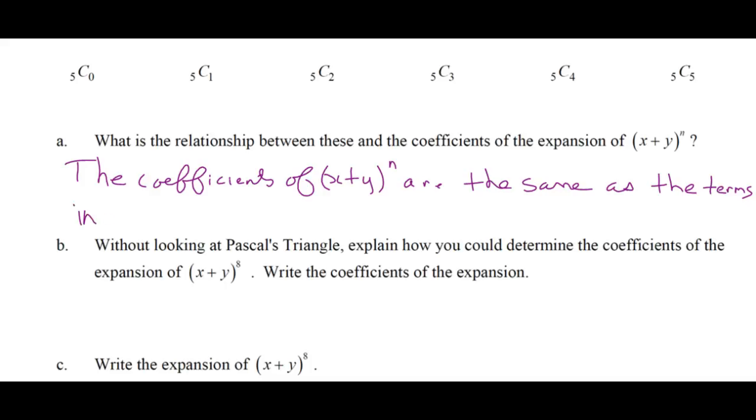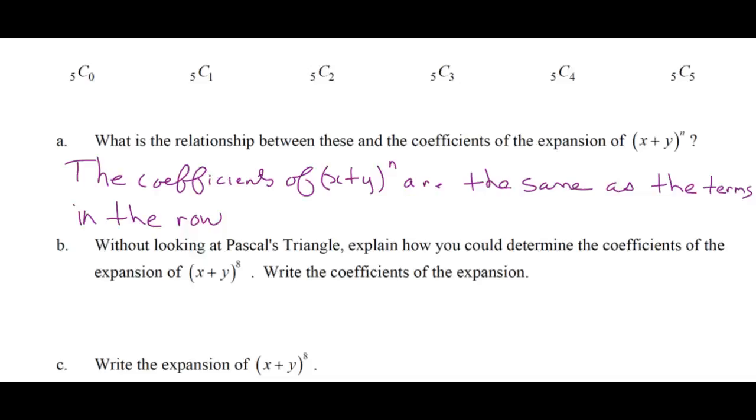So which row? So this is 1, 5, 10, 10, 5, 1. That's what comes out in x plus y to the fifth.